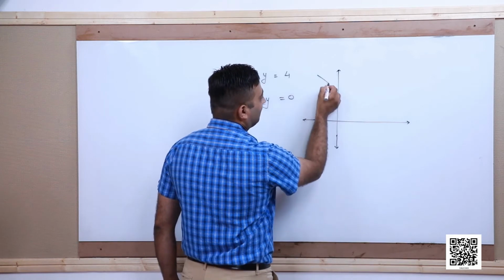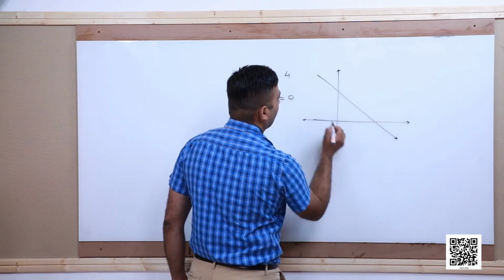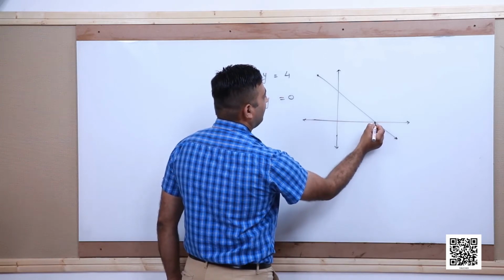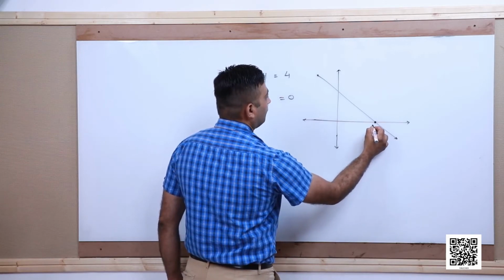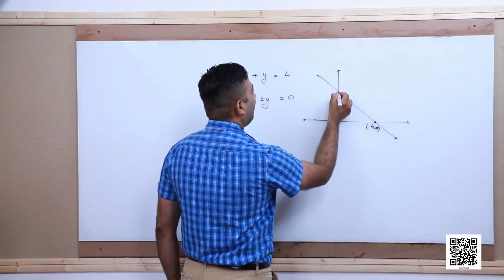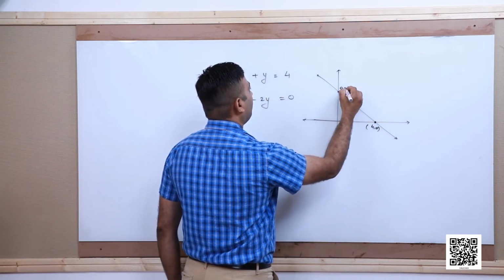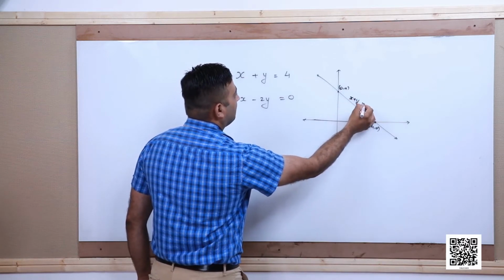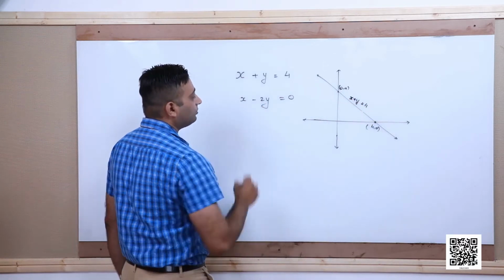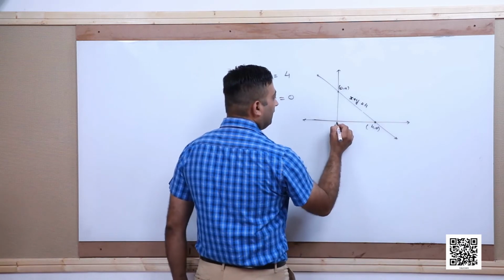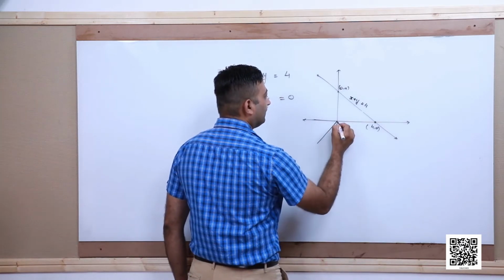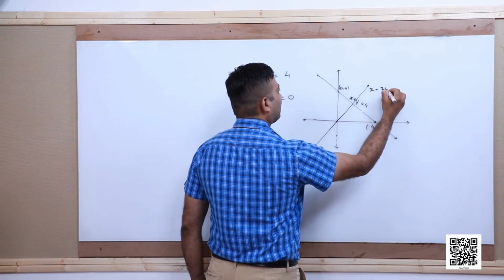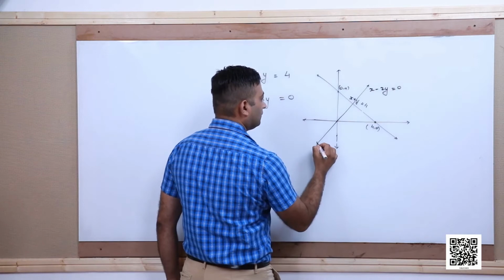We can see that the graph of this linear equation will be represented by a straight line passing through (4, 0) and (0, 4), and the graph of the other equation, that is x - 2y = 0, will pass through the origin. That is, it will look something like this.